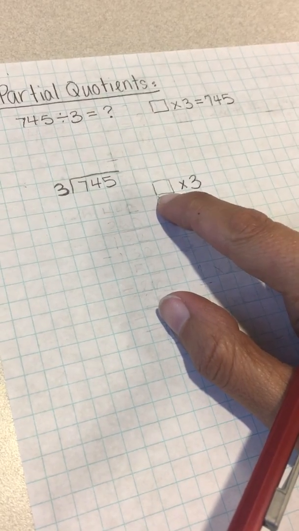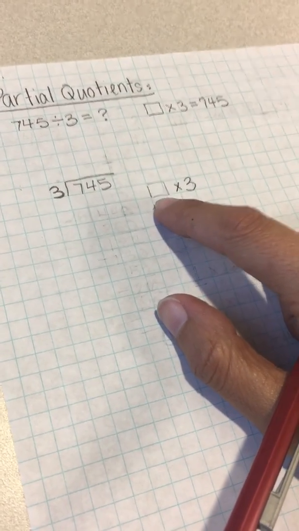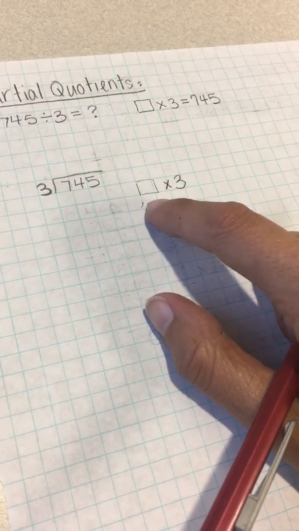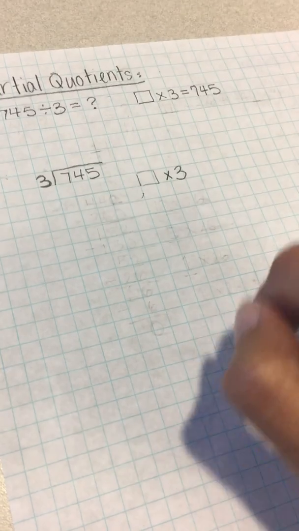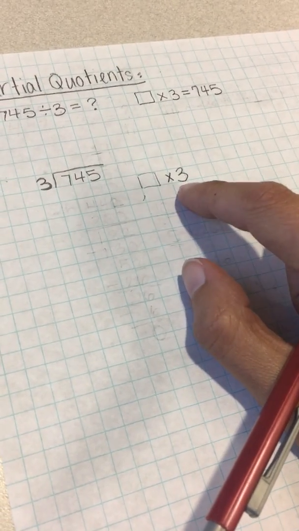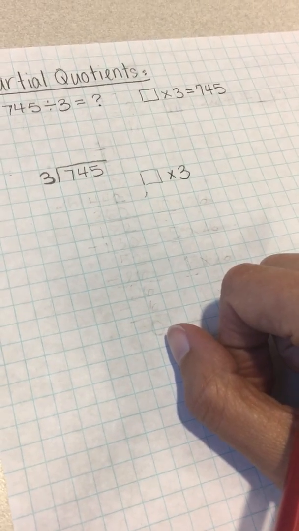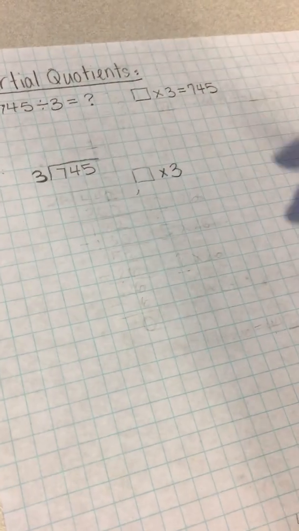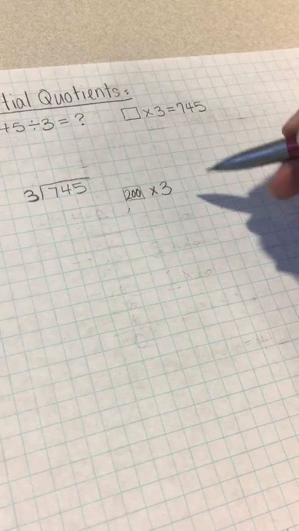So you can decide essentially what number goes in here, because it doesn't matter, because in the end, as you're going through and calculating the number of groups of 3, you'll end up with the same answer. So in class, what we did was we referenced the number 200. Okay, 200 groups of 3.